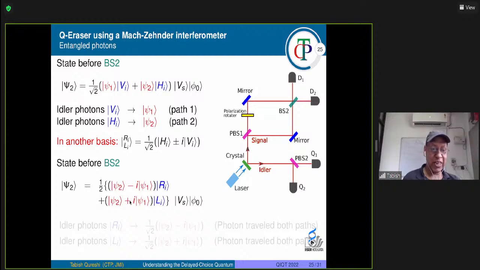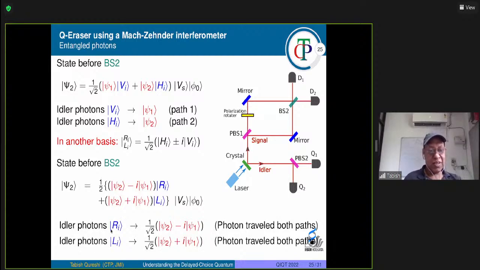So here you can see that there is a possibility of quantum erasure. If you just look at this state, there is a superposition of two paths. Now this photon is far away from this.